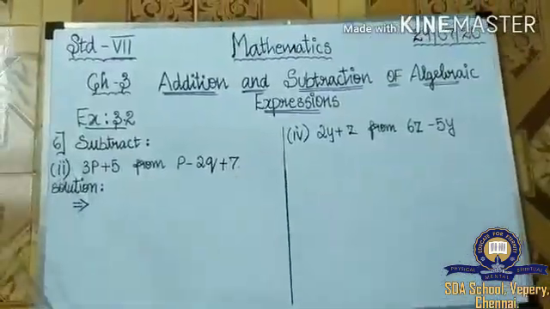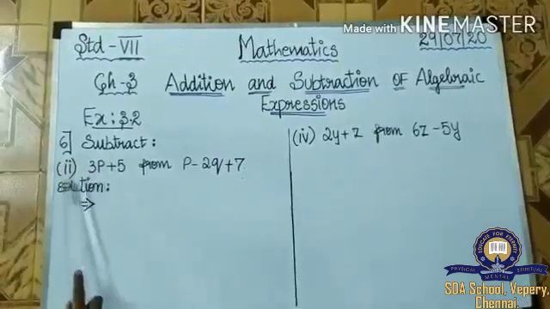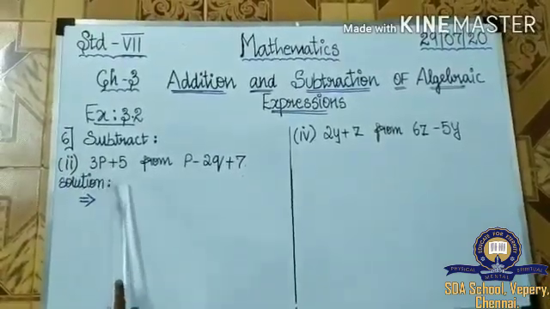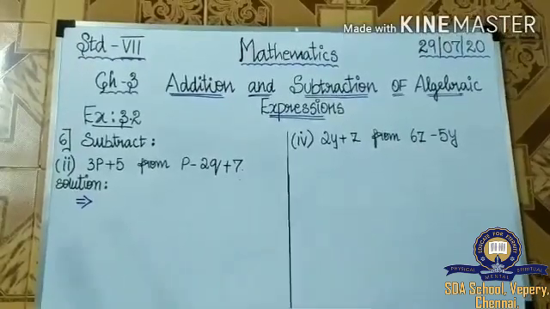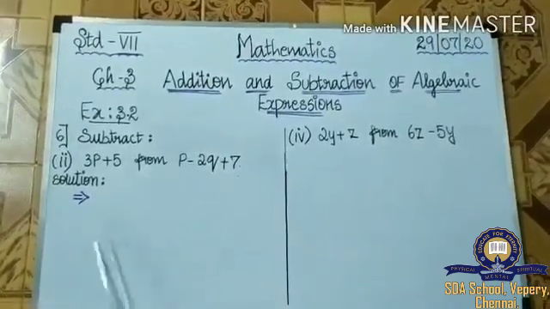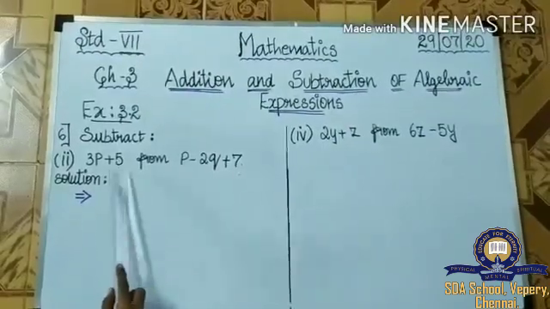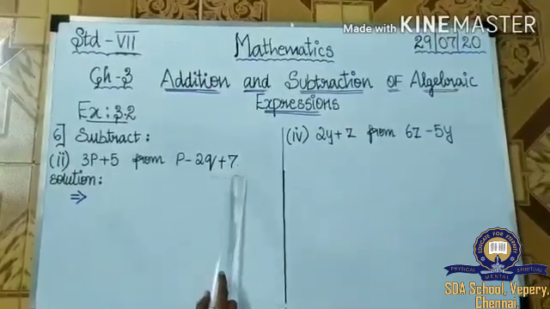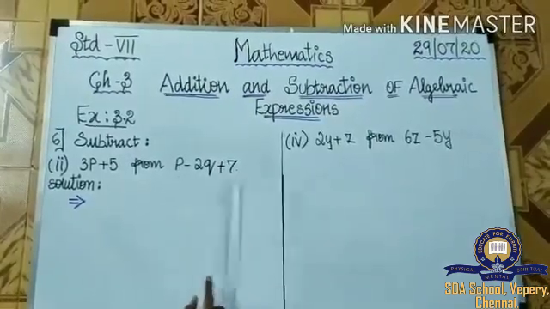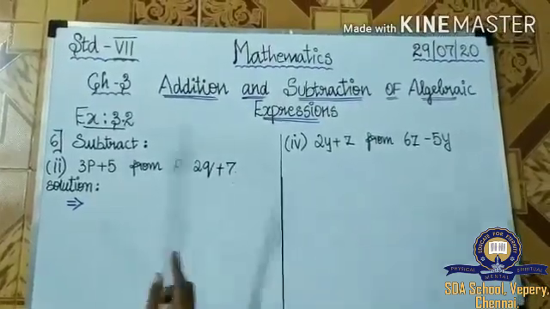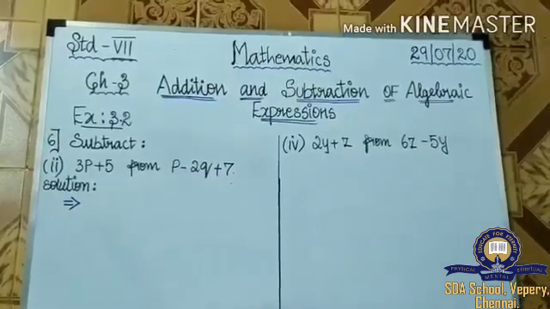Let's move on to our sixth sum, subtract. We are going to solve the second subdivision, 3p plus 5 from p minus 2q plus 7. The first step is, see 3p plus 5 from p minus 2q plus 7 means, from means this is the first expression, p minus 2q plus 7, minus of this term. Okay.